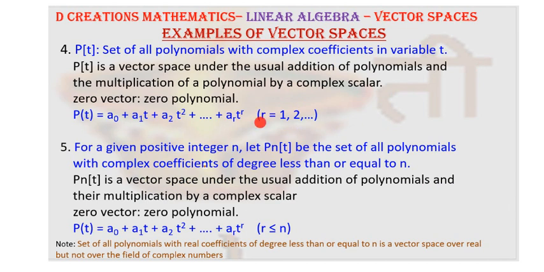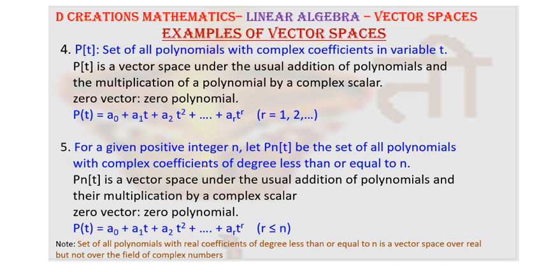Here we are talking about polynomials of all the degrees together. So this can be a typical polynomial a0 plus a1t plus a2t square, etc., plus ar t^r, where of course r goes from 1, 2 and so on and so forth. Here you would see that this is a vector space over the complex numbers.